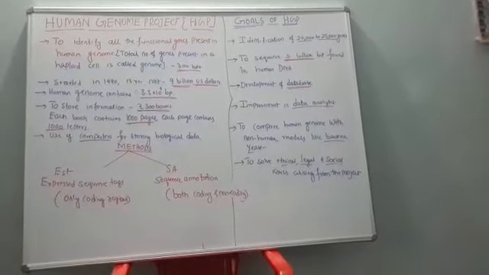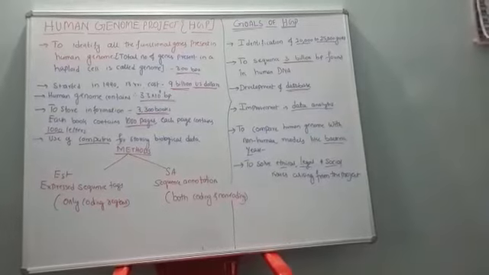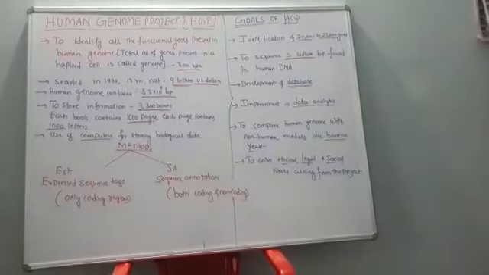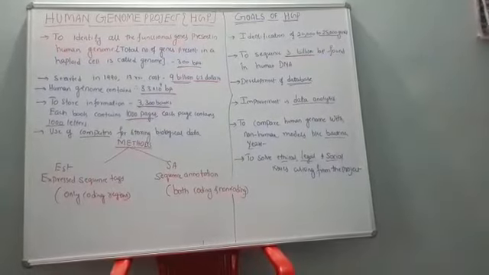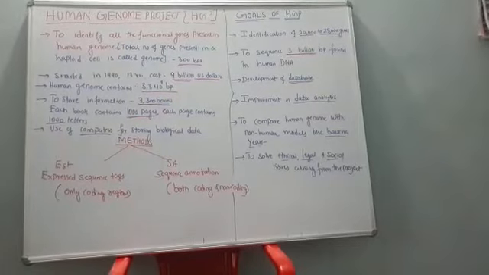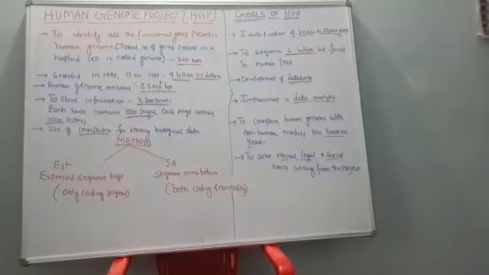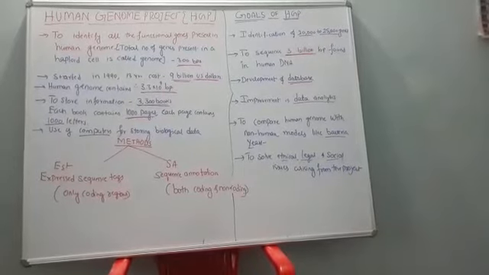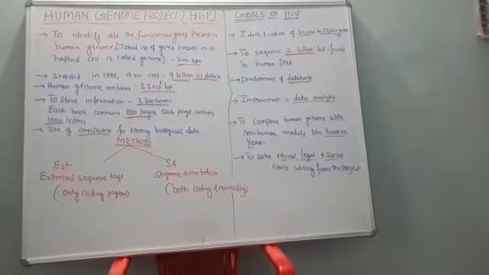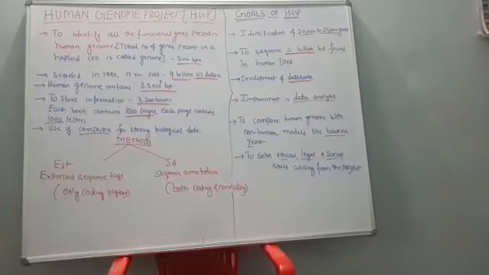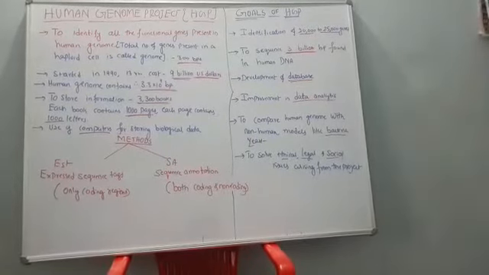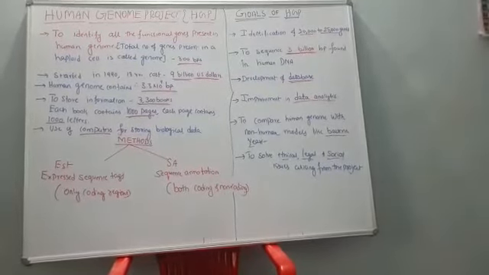What is ethical? Here the main focus was to solve the ethical issue, meaning the issue which is connected with the beliefs of what is right and what is wrong. Solving this problem was also a main goal of the HGP.